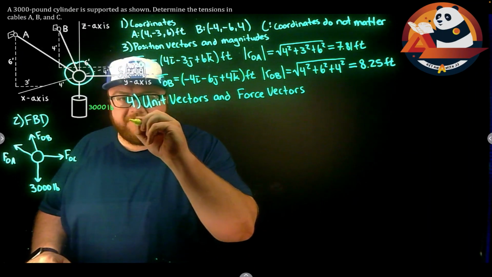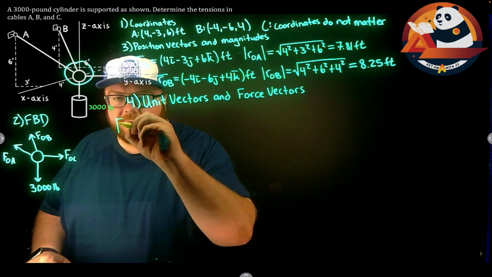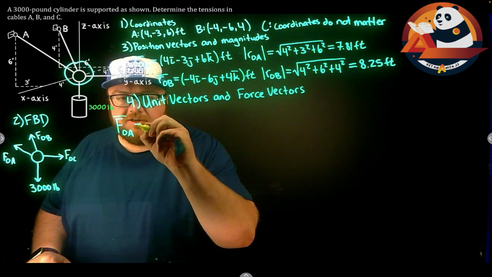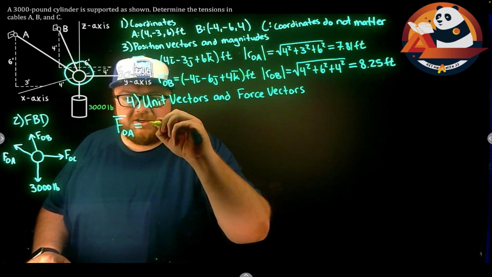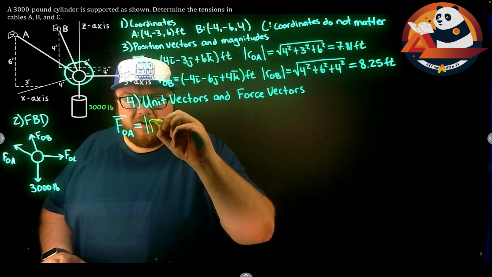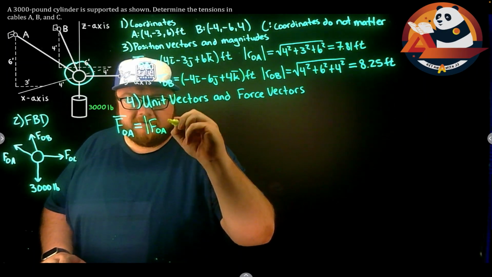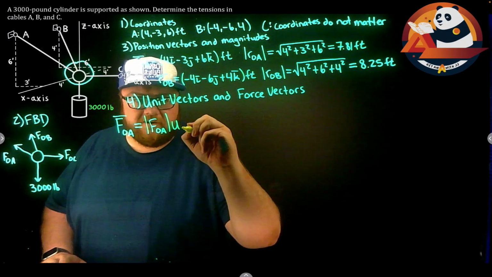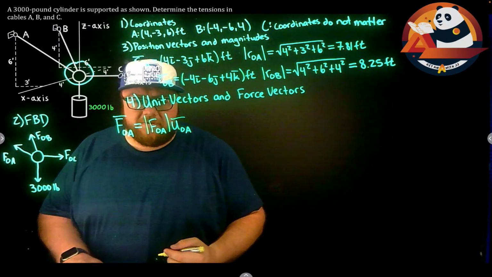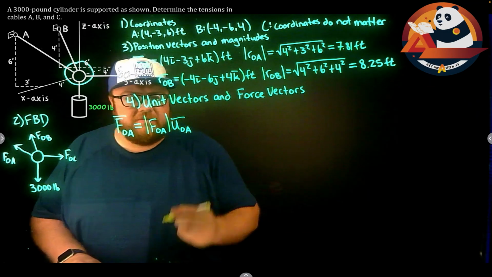To get an FOA, the force vector that goes from the origin to A, should be our magnitude of FOA. That's going to be an unknown we're actually solving for, times our unit vector, UOA. I don't know that unit vector yet, but let's substitute in a quick equation for that.